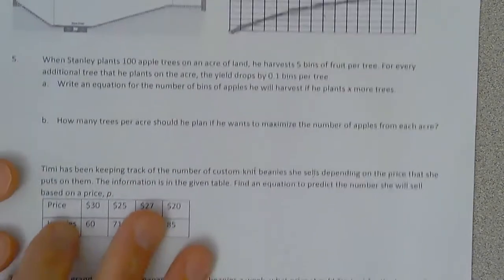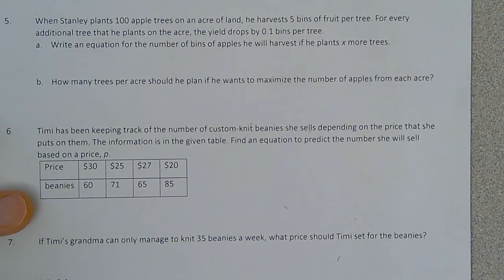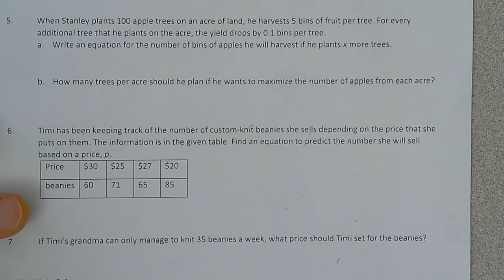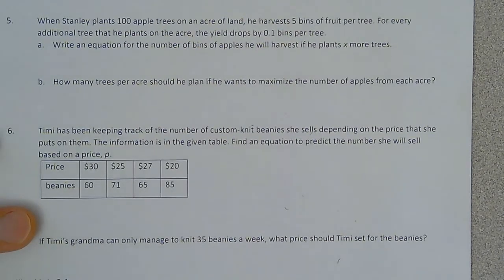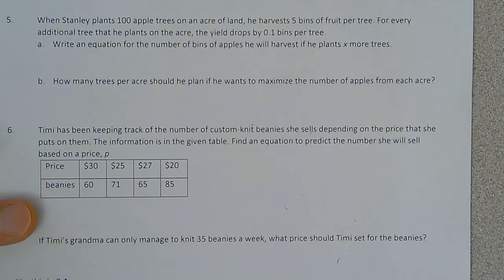Okay. All right, when Stanley plants 100 apple trees on an acre of land, he harvests 5 bins of fruit per tree. For every additional tree that he plants on the acre, the yield drops by 0.1 bins per tree. Okay. So write an equation for the number of bins of apples he will harvest if he plants X more trees.